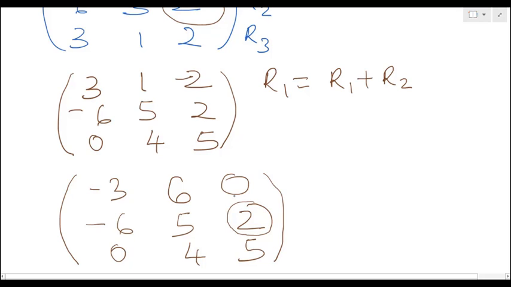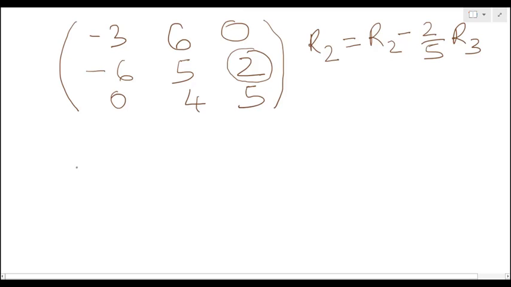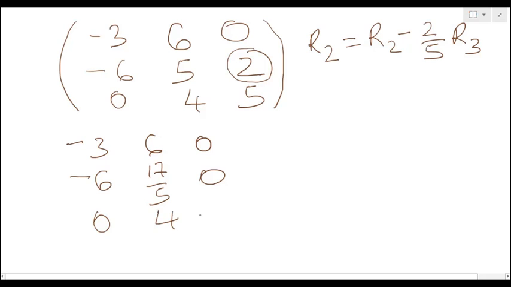We retain row number 1, then the new row number 2 is equal to the current row number 2 minus 2 divided by 5 of row 3. And that would give row 1 remains minus 3, 6, 0. Row 2 is minus 6, 17 over 5. There we now have a 0. Then 0, 4, and 5.